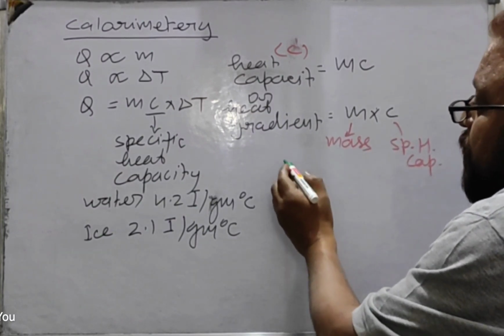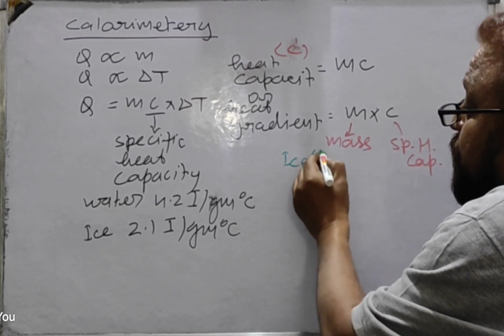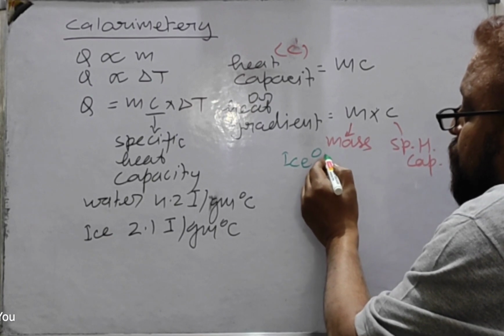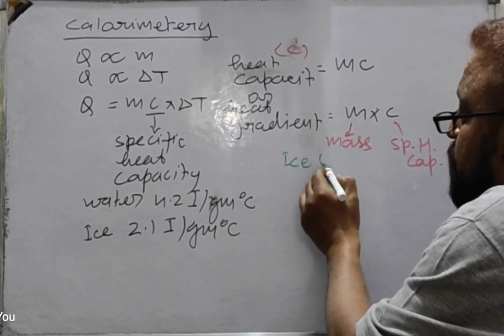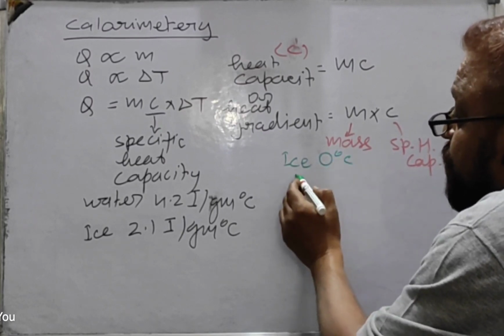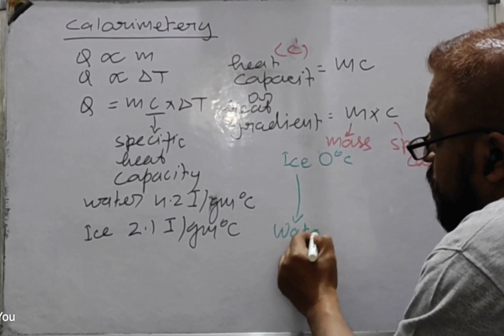Now we have ice at 0 degree Celsius. Ice at 0 degree Celsius converts into water at 0 degree Celsius.